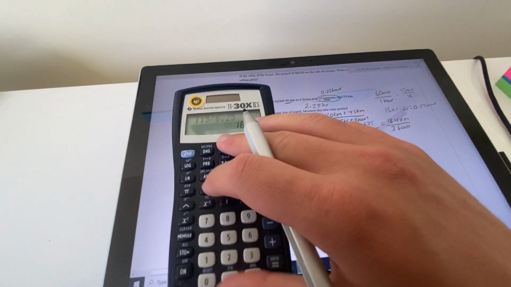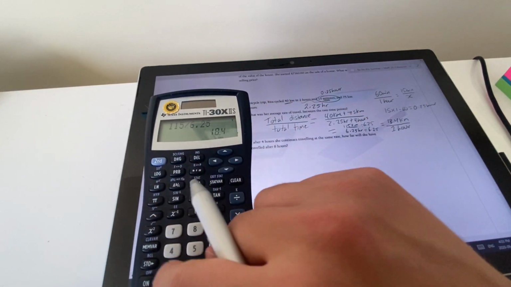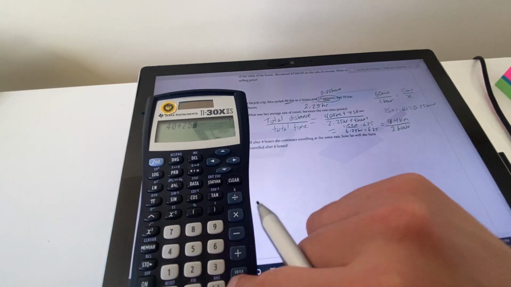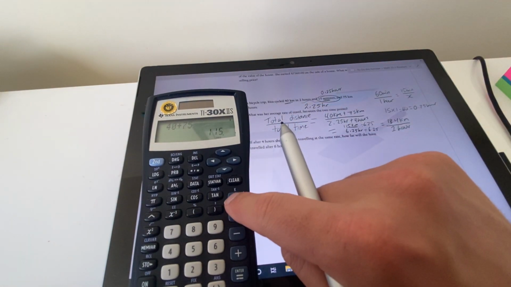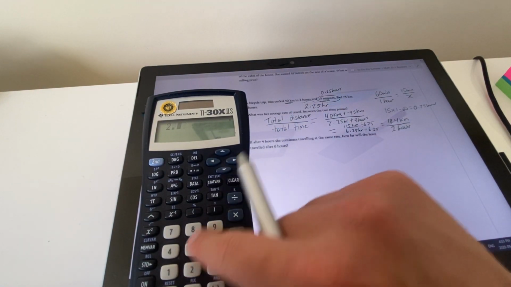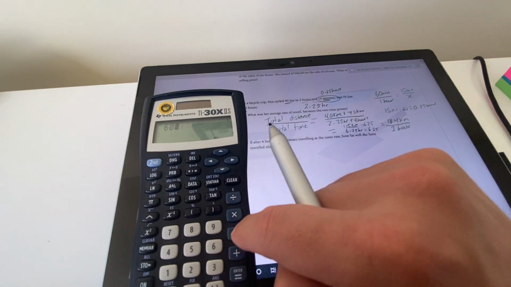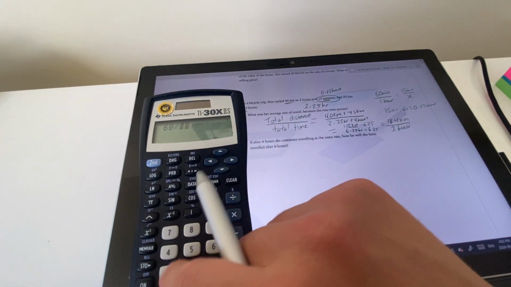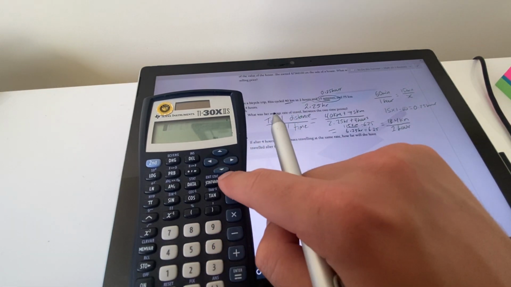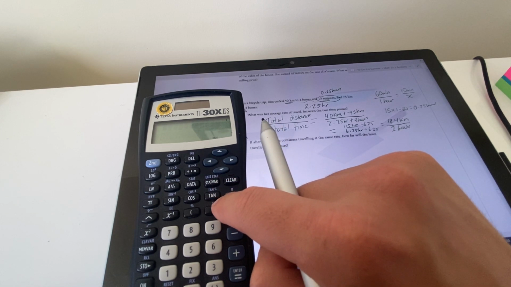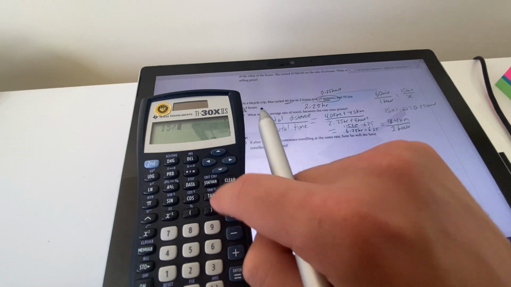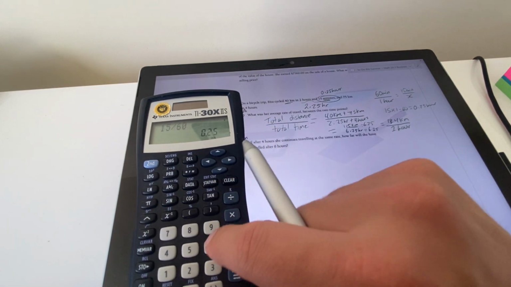Now let me just make sure all my math makes sense here. 40 plus 75 gives me 115. 15 divided by 60 gives me 0.25.